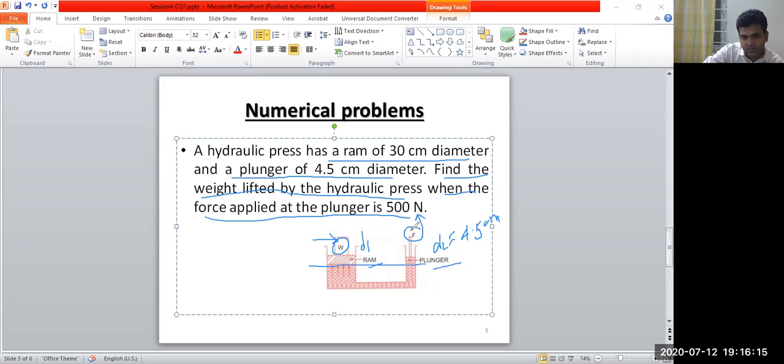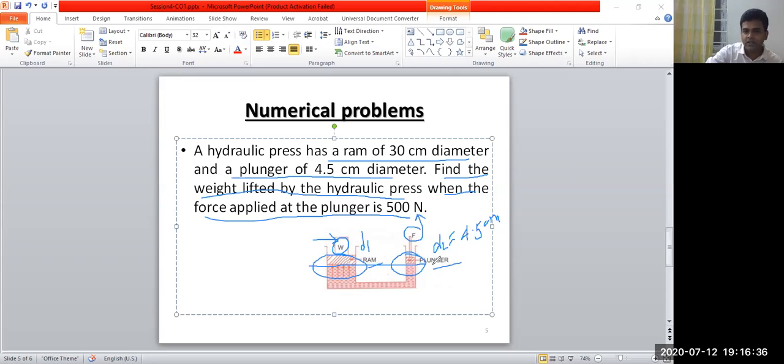So whatever force is applied on this plunger, the same pressure will be transmitted to this ram due to Pascal's law. Due to Pascal's law, the pressure at this point should be equal to the pressure at this point on the same line.